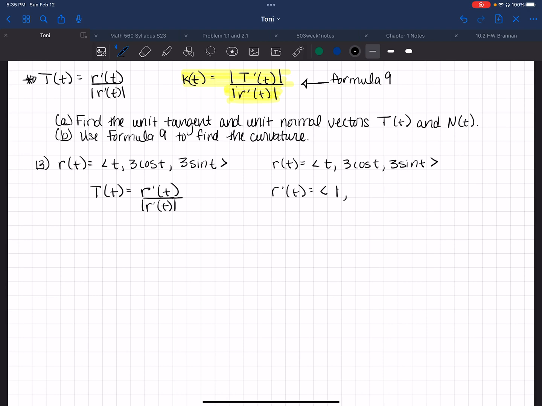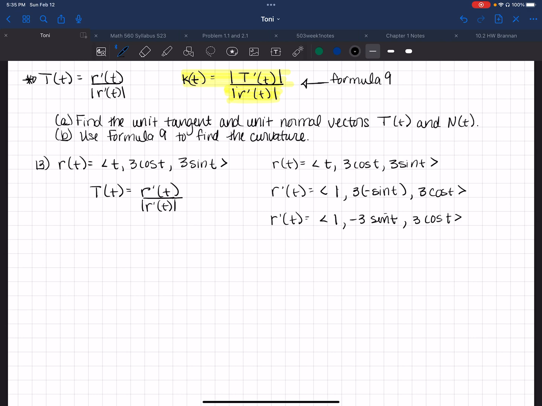Then the derivative of 3 cosine t is going to be 3 times the derivative of cosine t, which is negative sine t, and then 3 times the derivative of sine t, which is cosine t. Okay? So that means that r prime of t is going to equal 1, negative 3 sine t, and then 3 cosine t.